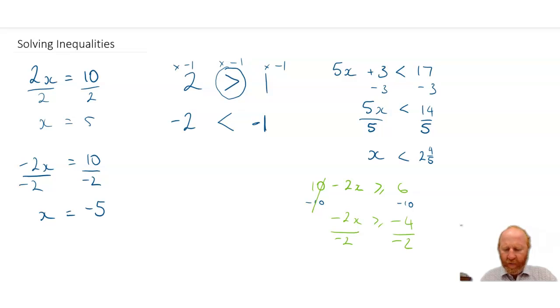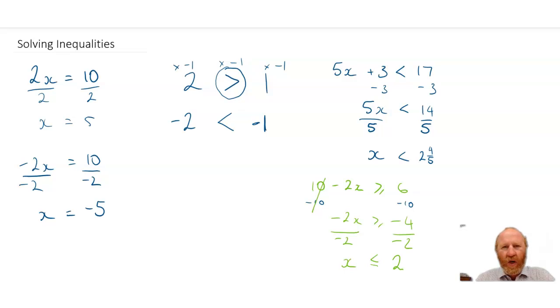Well, remember, if I'm dividing by a negative, that changes the direction of that sign. Negative 2 divided by negative 2 is 1. Negative 4 divided by negative 2 is positive 2.